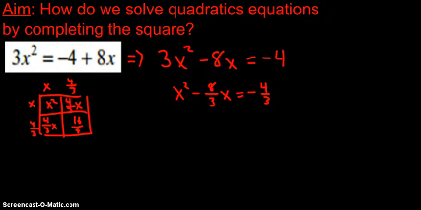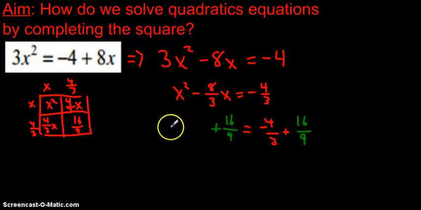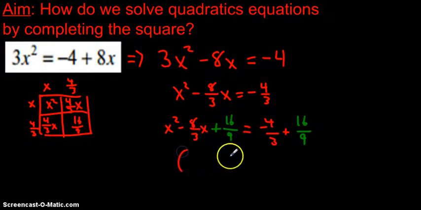Alright, so we're going to add 16 ninths to both sides. These aren't the worst fractions in the world.